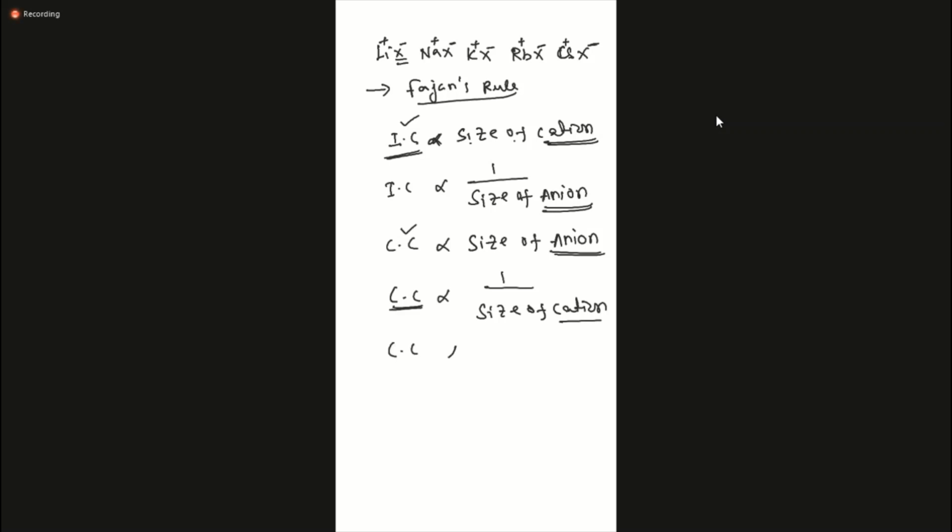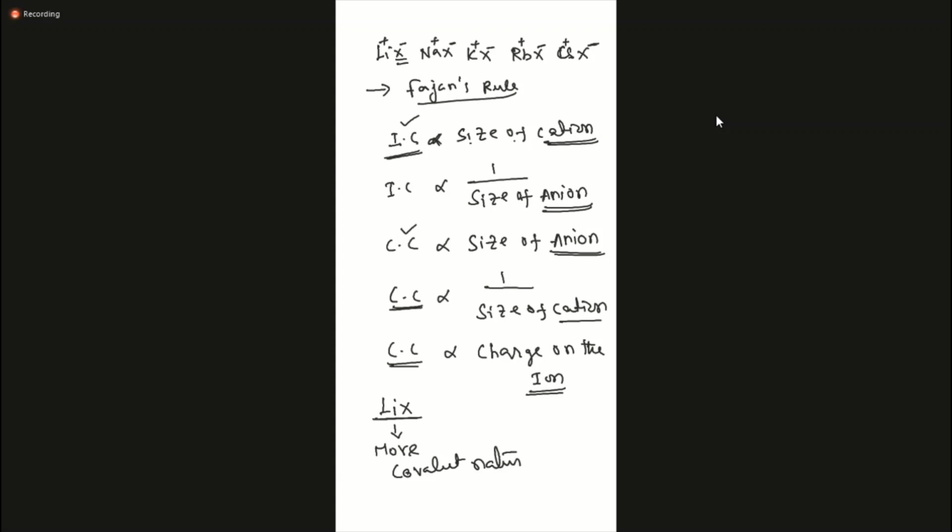One more: covalent character depends on the charge on the ion. Ion charge increases, covalent character increases. That's why I'm telling you here that lithium has more covalent nature.